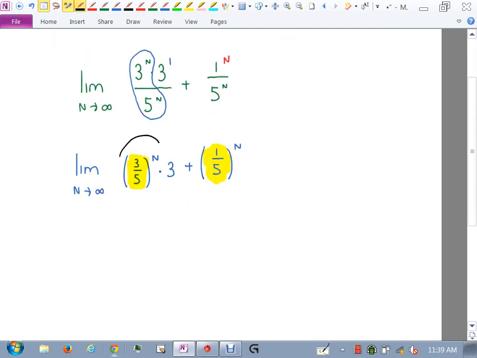So I know that this sequence is going to 0. Then times 3 is still going to be 0. Plus this sequence right here is going to go to 0. So I can tell you that this limit goes to 0. Part of the challenge is converting the sequence into something that you can manage and something you know about.